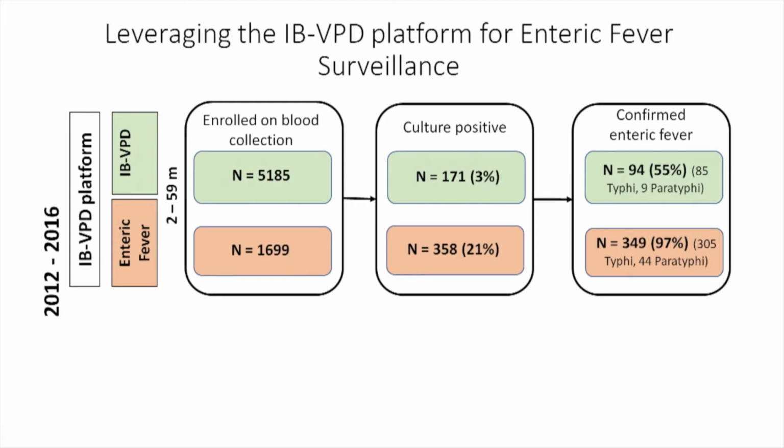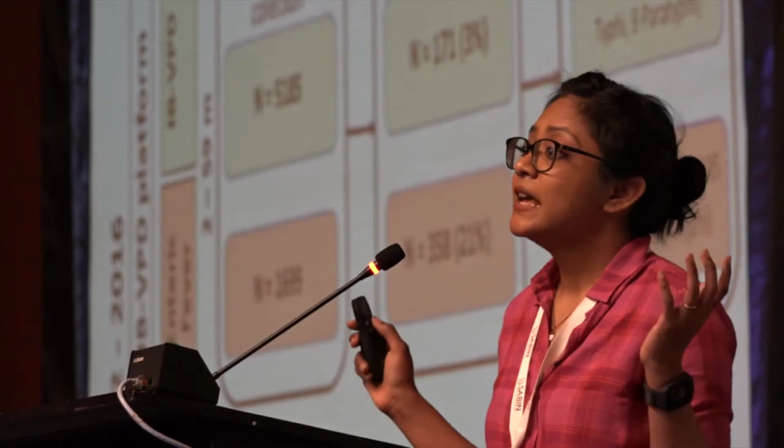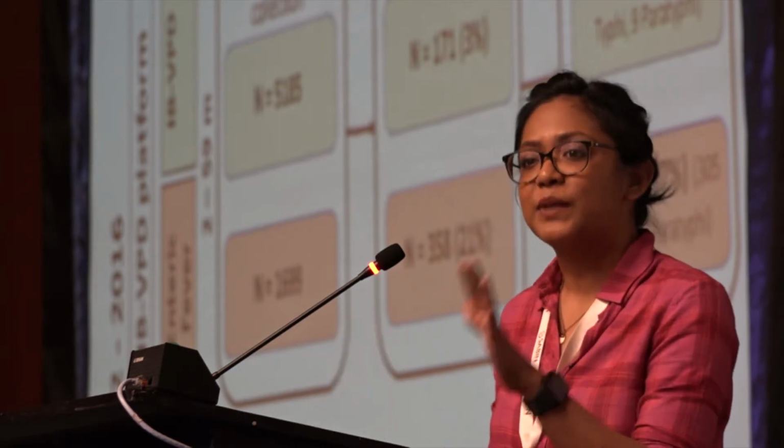Now, because this was the first time we were doing this, we wanted to see if we were missing cases with this inclusion criteria. So the microbiology labs of these 2 hospitals test all the blood cultures that come into the hospital.